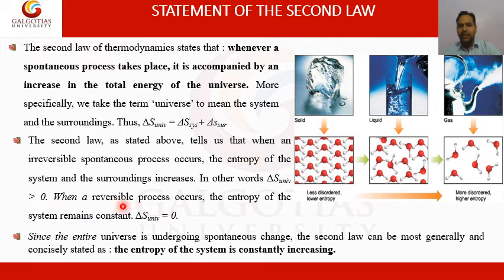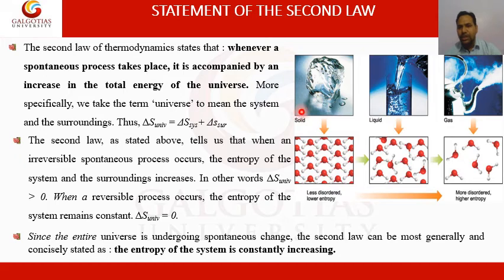When a reversible process occurs, the entropy of the universe remains constant, so delta S universe is equal to 0. Since the entire universe is undergoing spontaneous change, the second law can be most generally stated as: the entropy of the universe constantly increases.